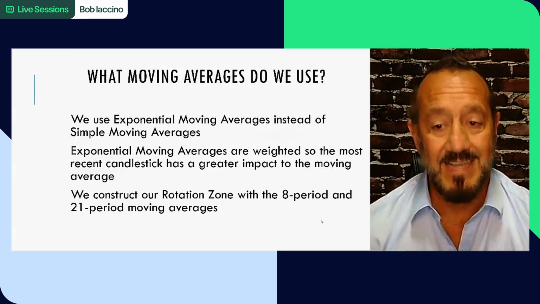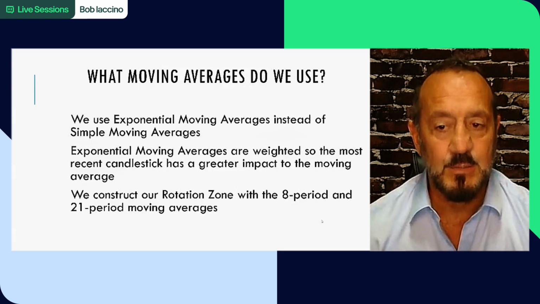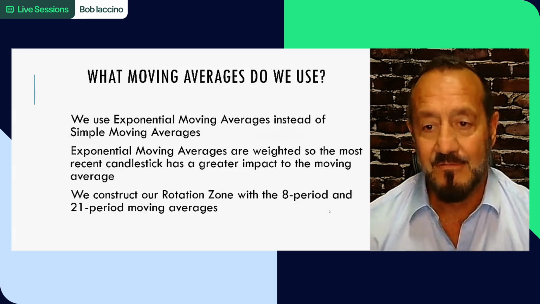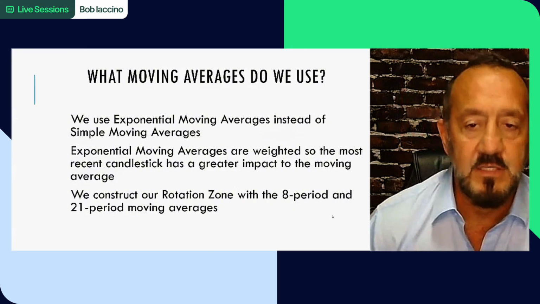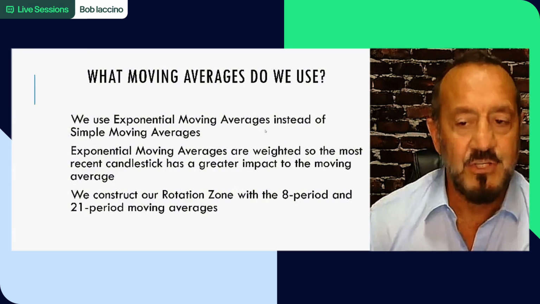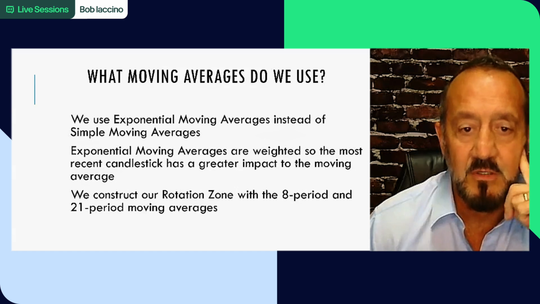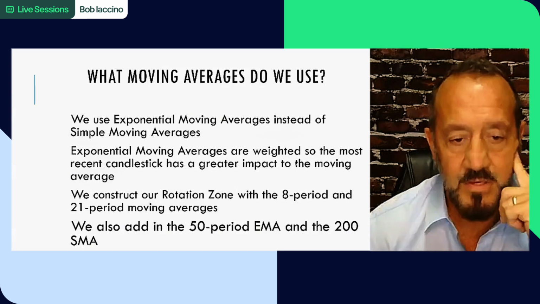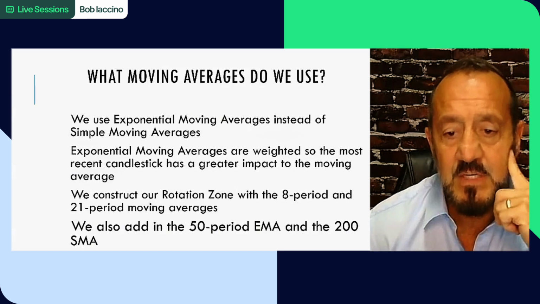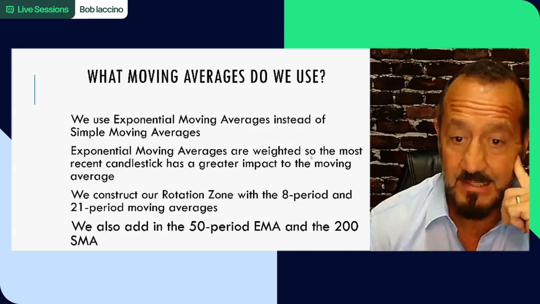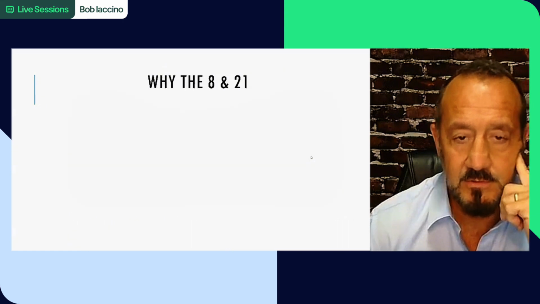If you're looking at a daily, it's an 8-day exponential moving average and a 21-day exponential moving average, and so on. These are moving averages that match the period, or the time frame, of the chart you're looking at. We also add in the 50-period EMA and the 200 SMA, the simple moving average.